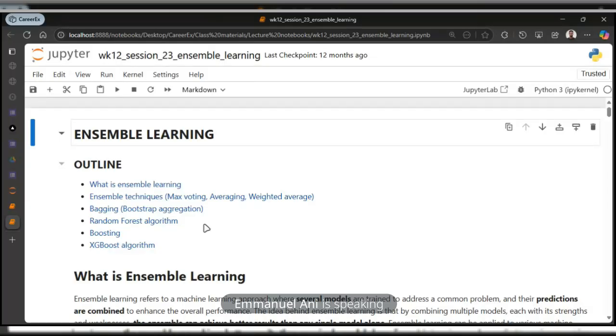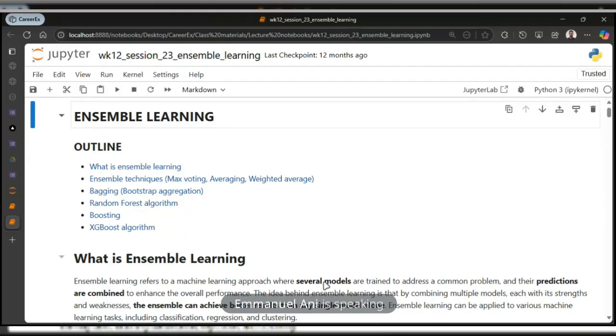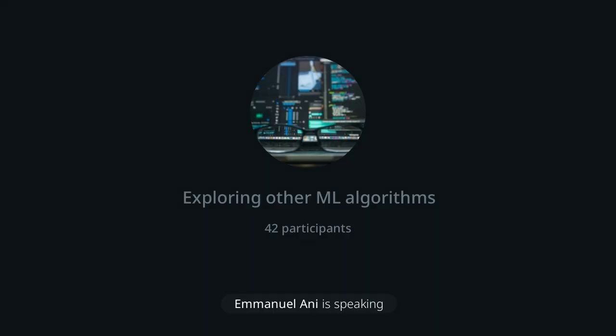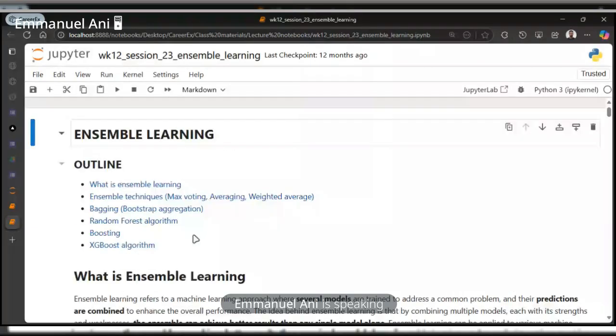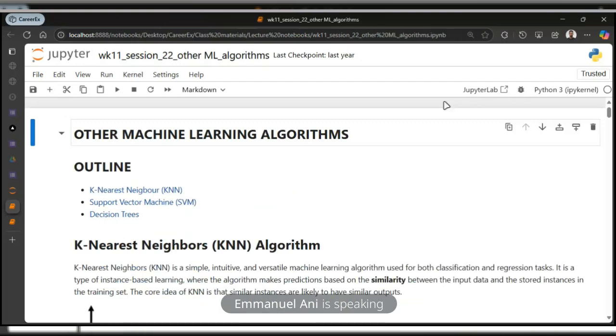We're going to try to explain and differentiate them and how they differ from your regular ML algorithms. We're going to start with KNN, and move on to SVM and decision trees.